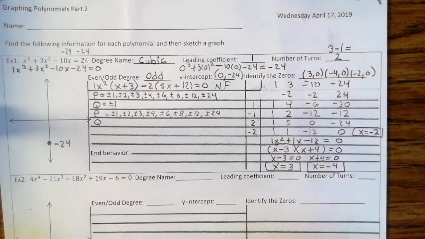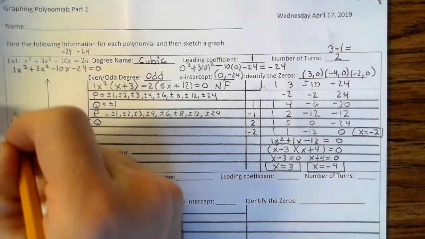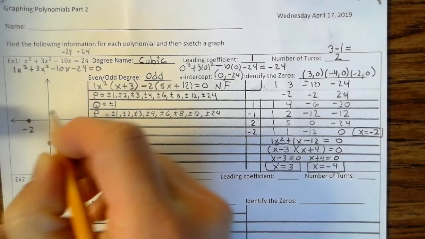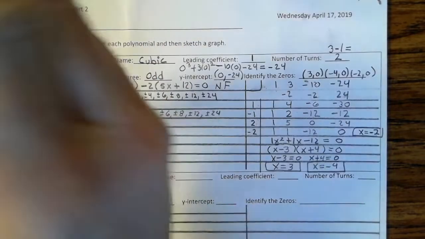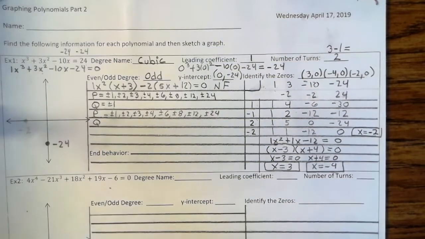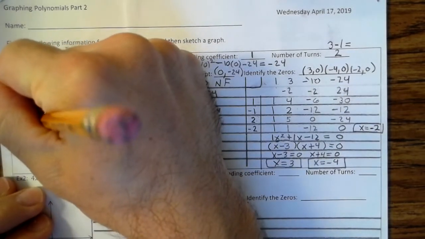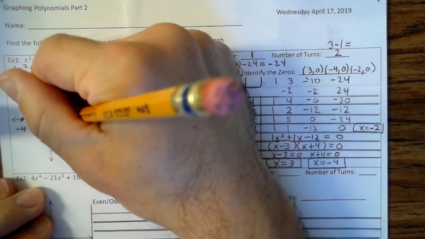Now for our end behavior, we need to sketch a graph first. So we have a -2. We have a, almost forgot, a -4. So let me move this over. And a positive 3.